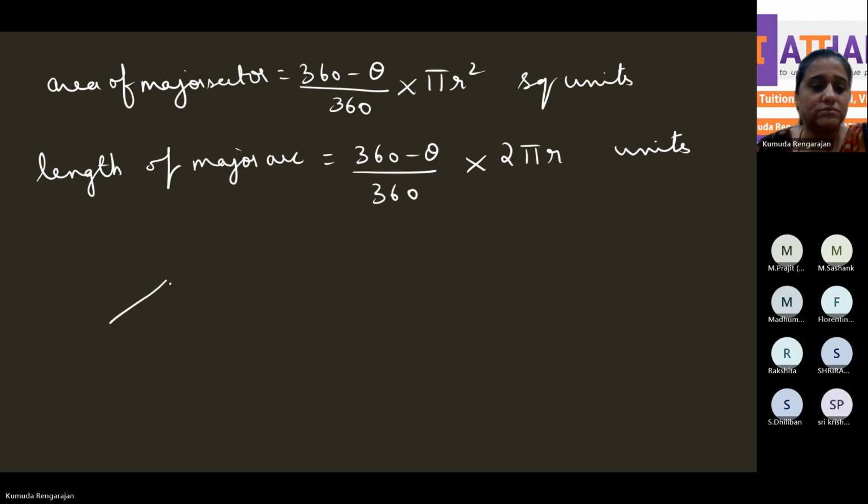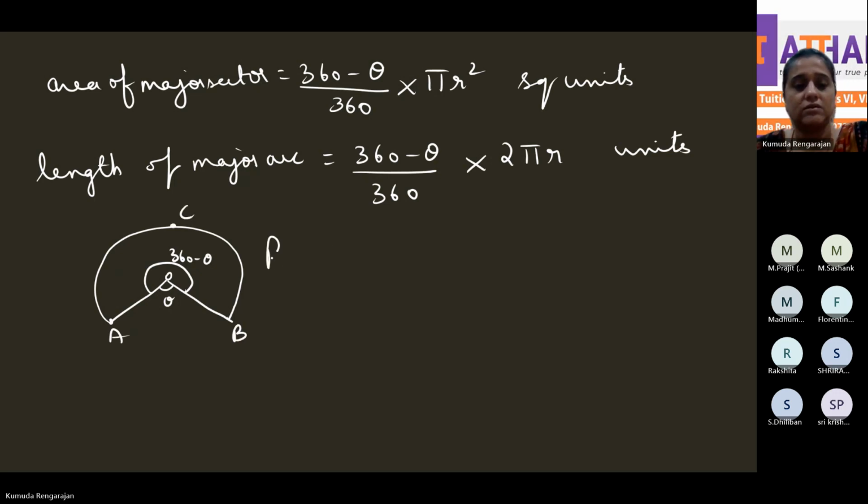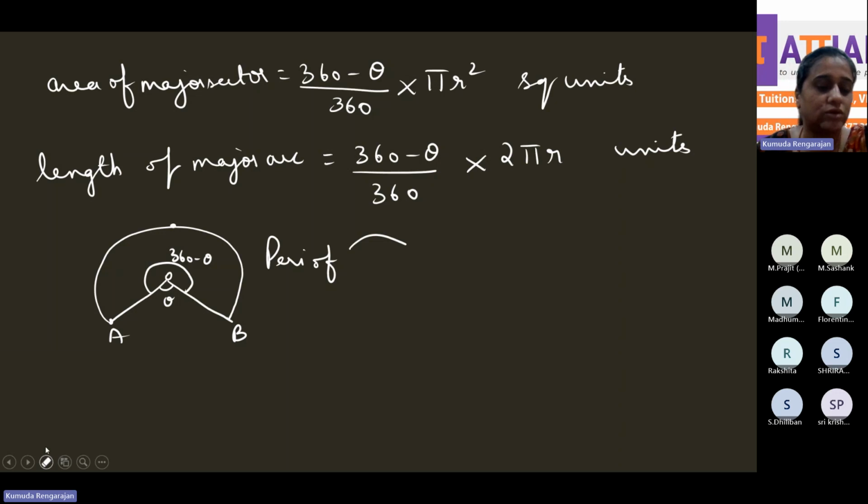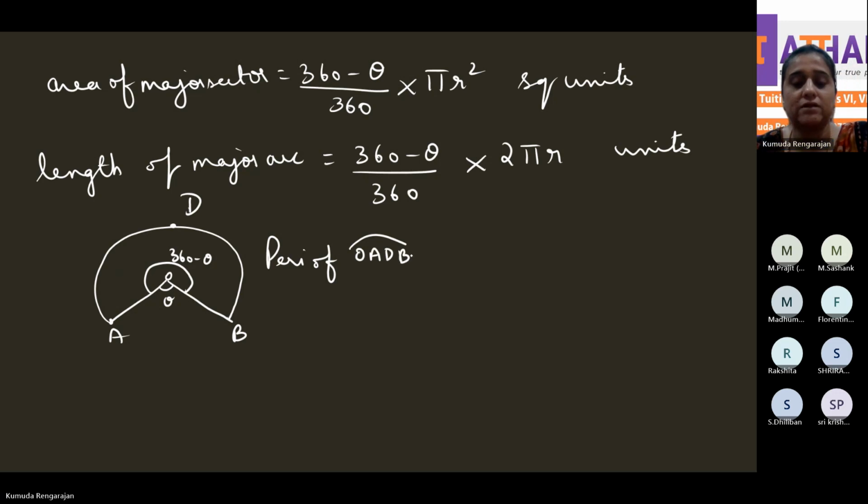And the perimeter. Perimeter of sector OACB. Let me take D because you shouldn't get confused; I took C earlier for minor. So let me say D here. OADB is the major arc.